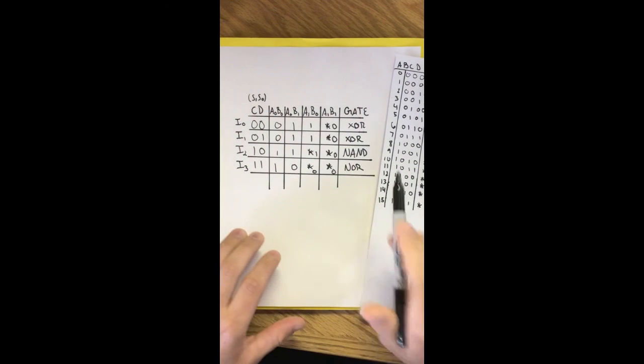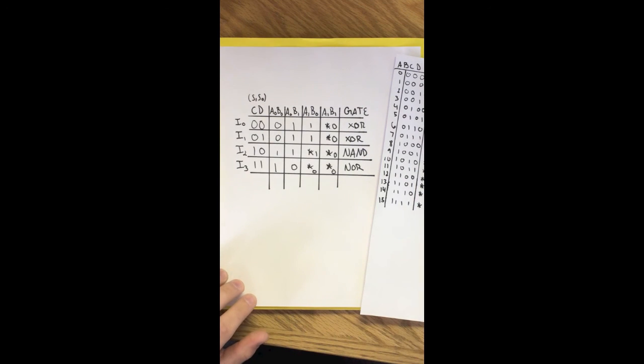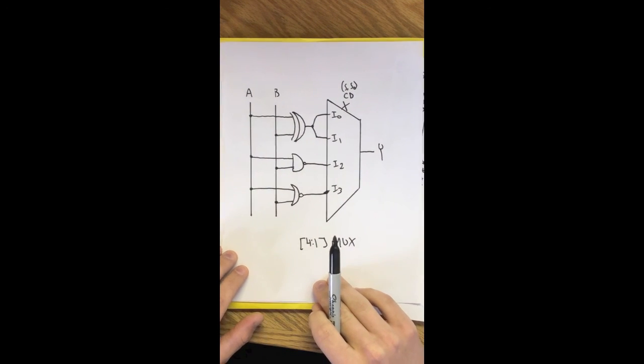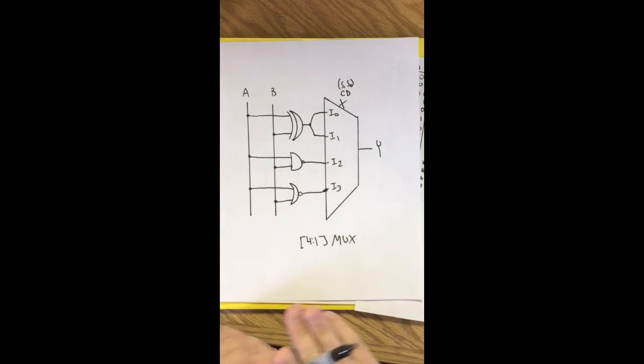And it works like this through the entire truth table. So this is your final answer.